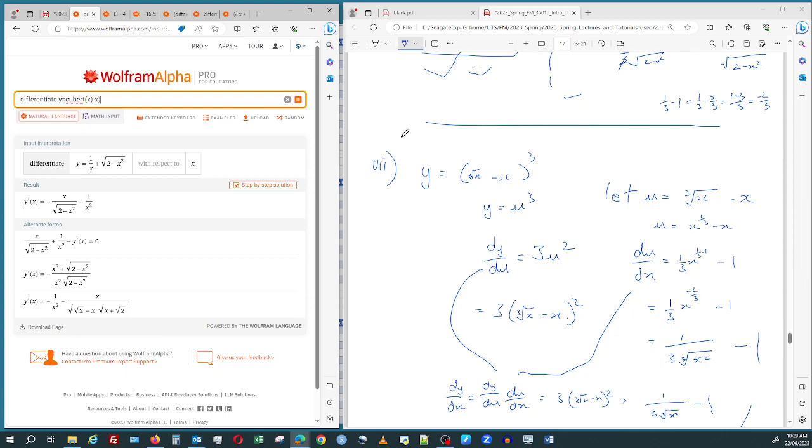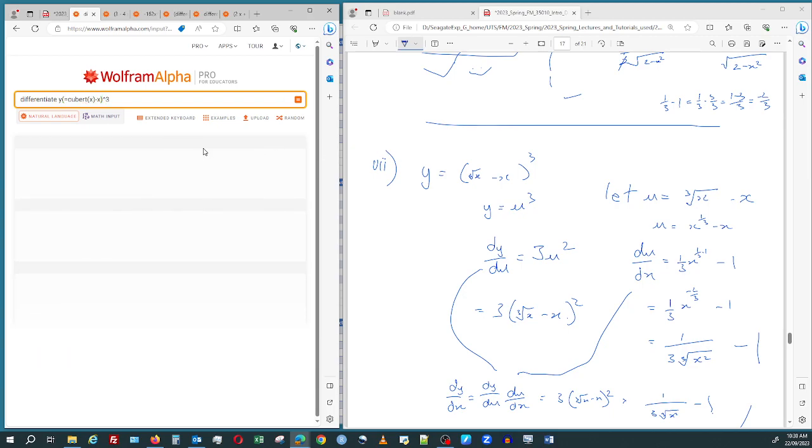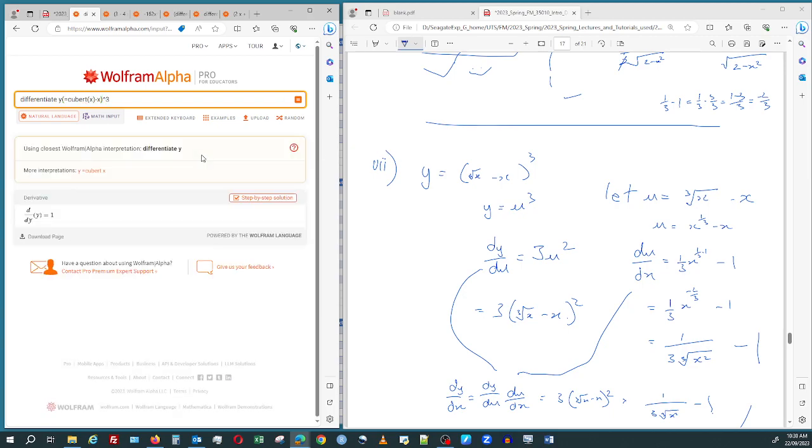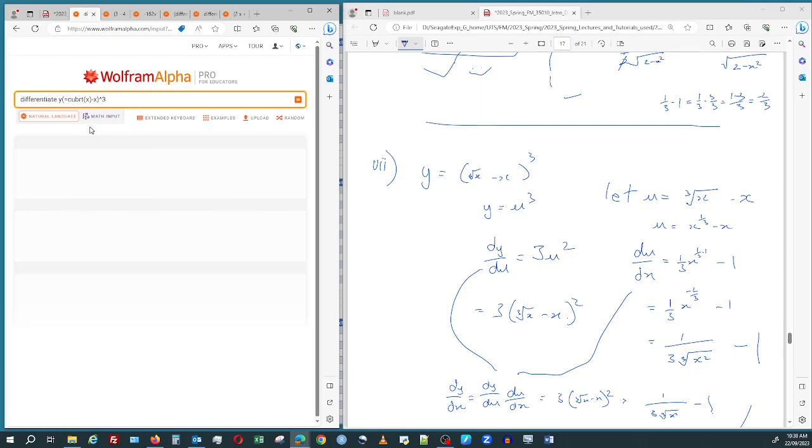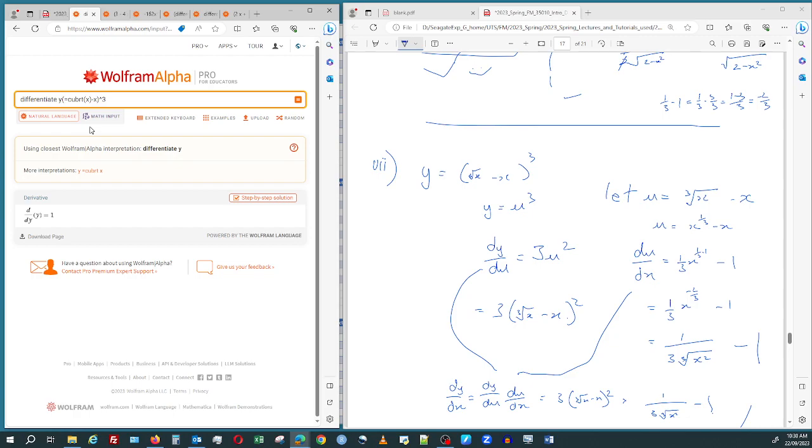Of x minus x to the power 3. Put that there like that. Let's see what that looks like. It doesn't like cube root like that, Jason. Cube. But just cube. Getting it in, my square root was s, so it might just be that.